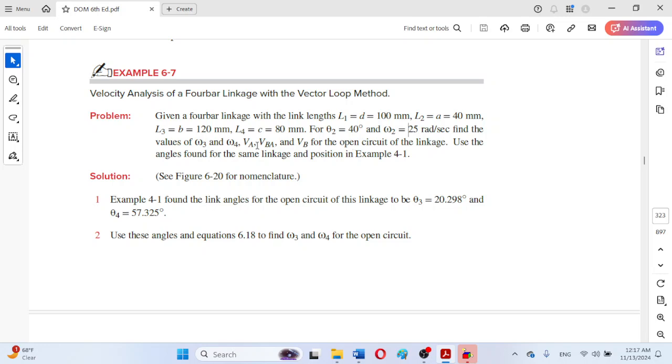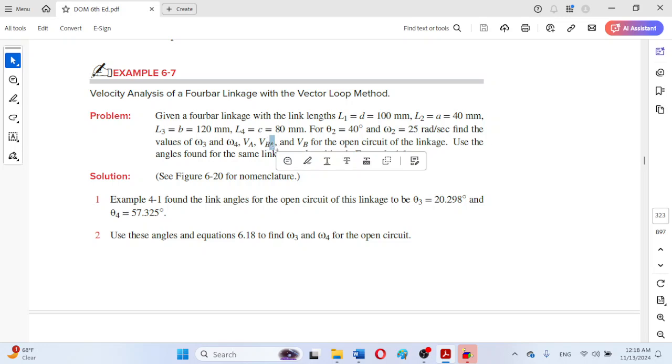VA and VB are absolute velocities: if there is one subscript, that denotes an absolute velocity. But if there are two subscripts, like BA, it is the relative velocity of the first subscript with respect to the second subscript.